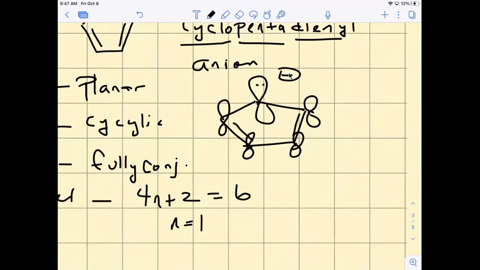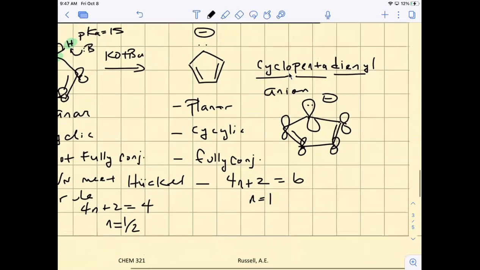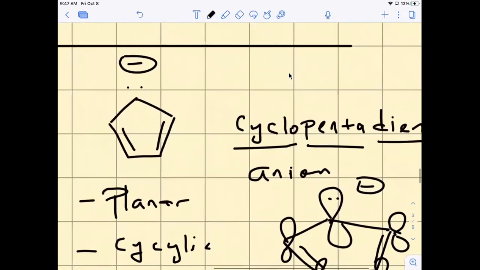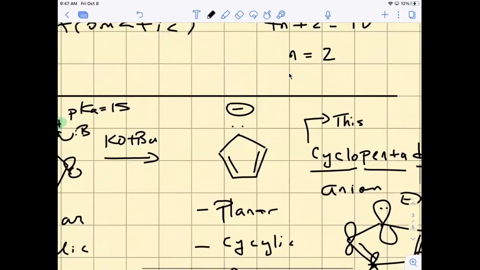Yes. So the lone pair is 2, and then it's 2 in each pi bond, so you have a total of 6 pi electrons. So now you can see that it meets the Huckel rule. So the cyclopentadienyl anion is aromatic, even though cyclopentadiene itself is not.